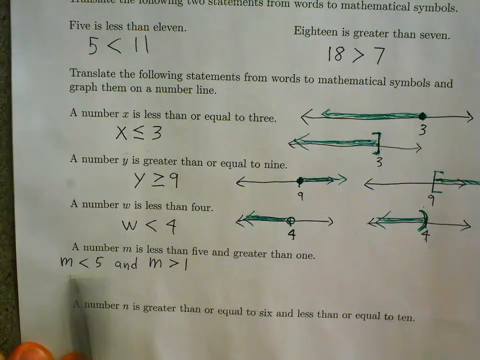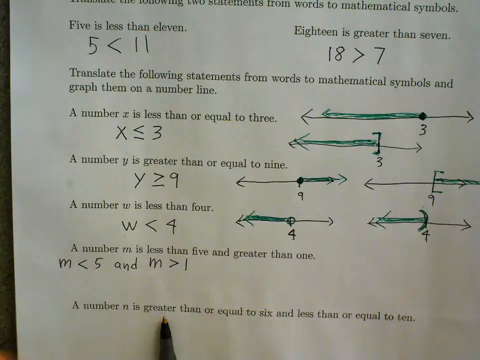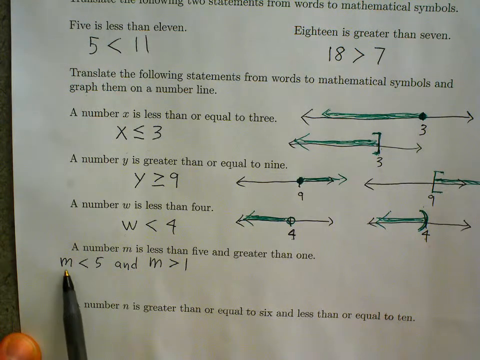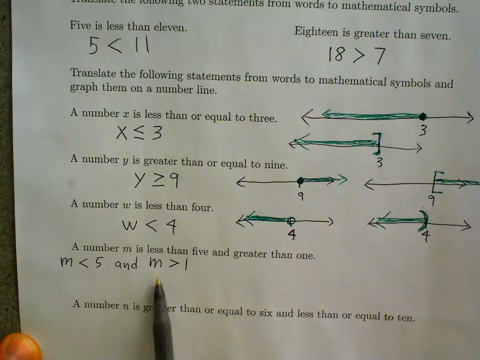But we can write this more compactly. So the word and is used, so that means m has to satisfy both conditions at the same time. Not only must m be less than 5, it also must be greater than 1.